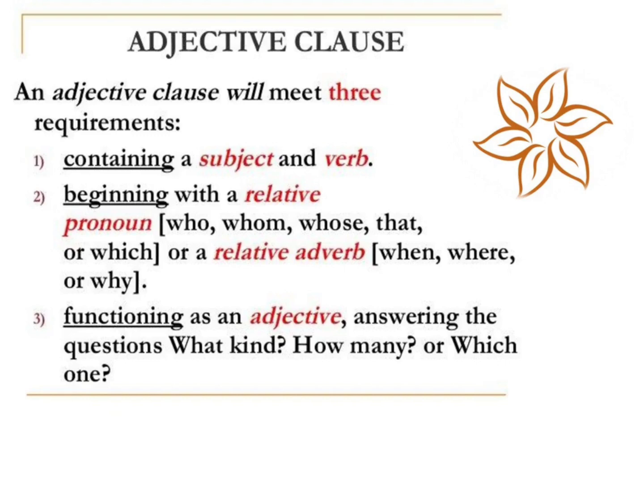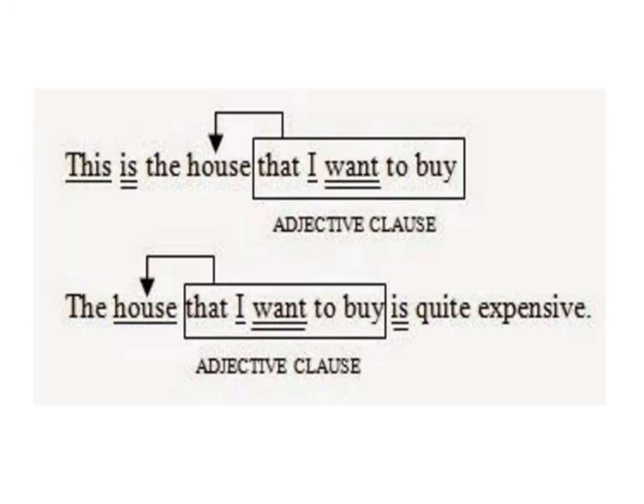Okay, for the function here, an adjective clause answers the question what kind, how many, or which one. Please see that it has been identified which is included in the adjective clause.